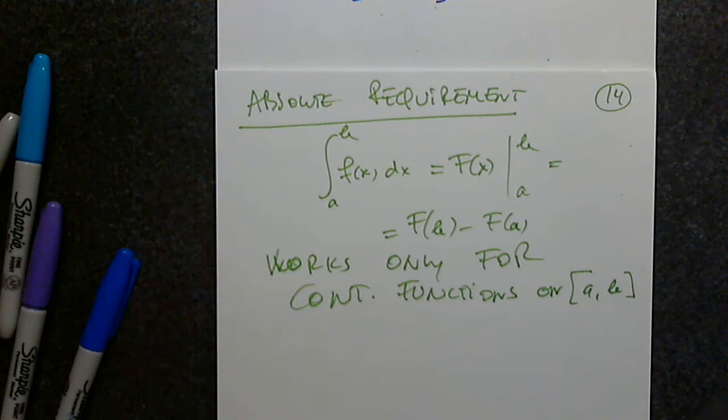The question is, what happens if the function is not continuous? Or what happens if one of the limits, either a or b, is infinity? Well, you have to wait until calc 2. Those are improper integrals. So if the function is discontinuous, or the upper limit or lower limit, or both, are infinities, we have several types of improper integrals.